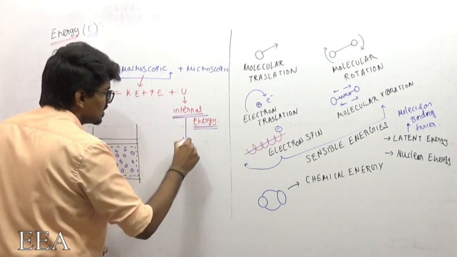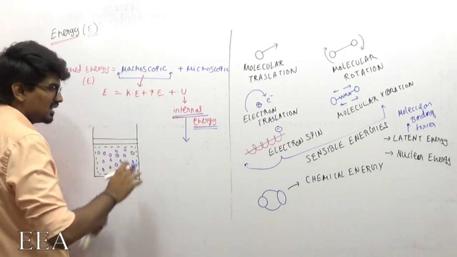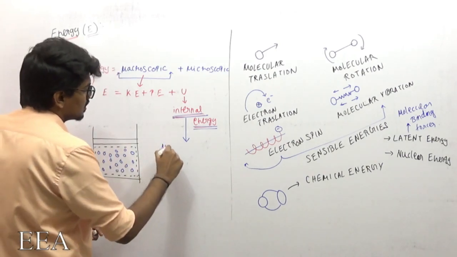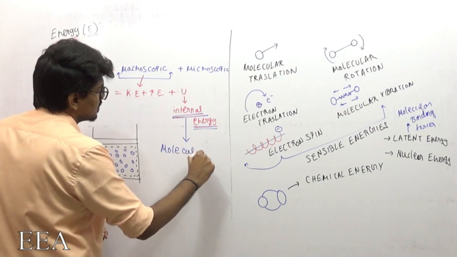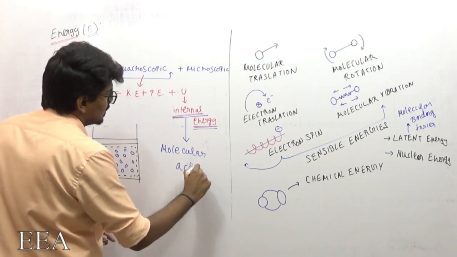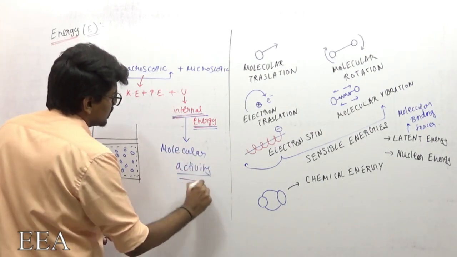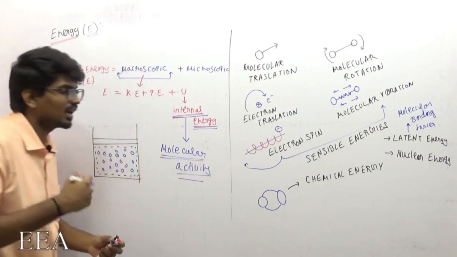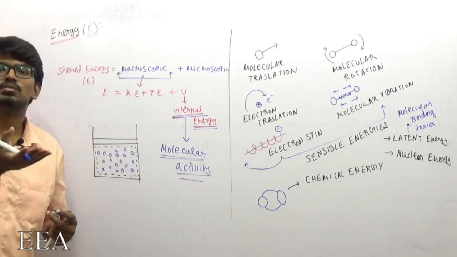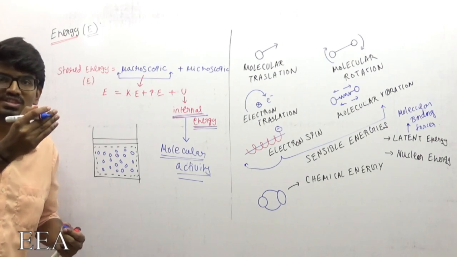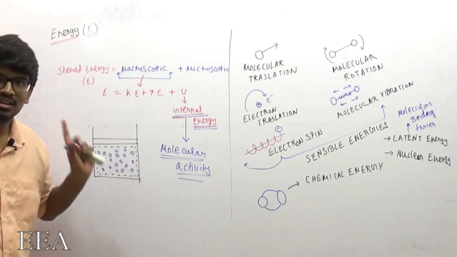So to be precise, internal energy completely depends on the degree of molecular activity. If there is more molecular activity, internal energy is going to be more. If molecular activity is less, internal energy will be less.